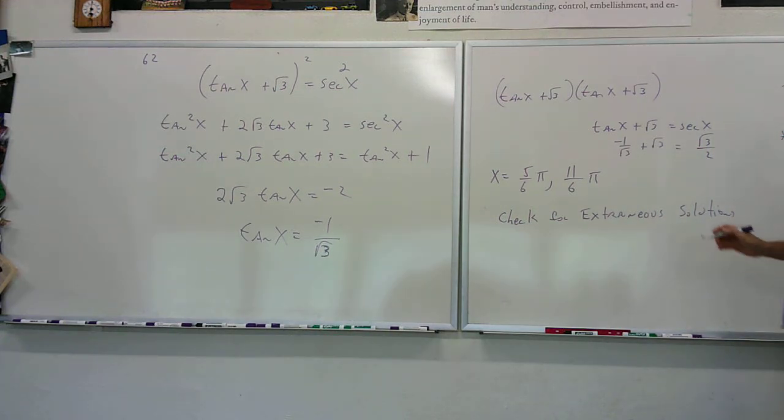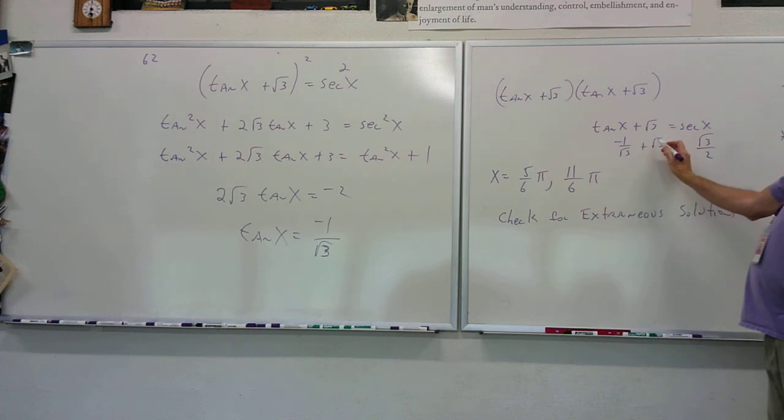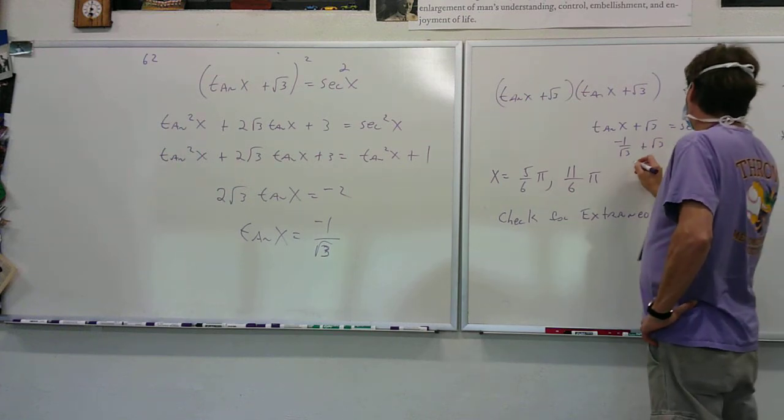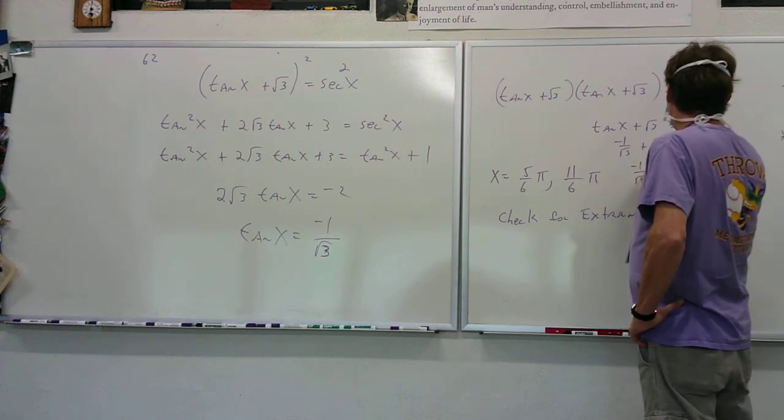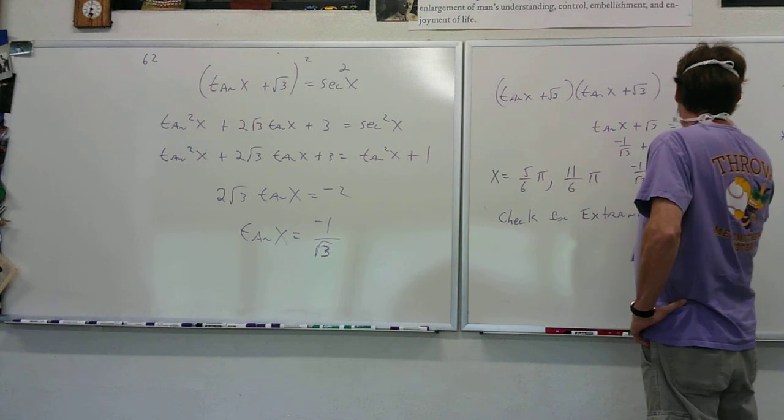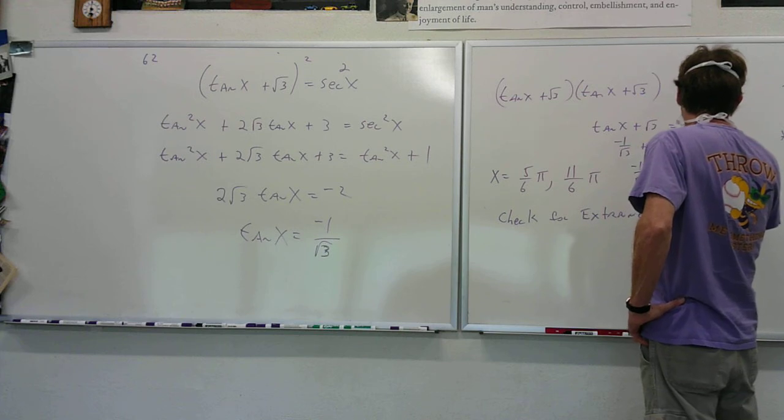Think. Get a common denominator. Man, heavens, your brain is not working. Negative 1 over the square root of 3 plus square root of 3 equals square root of 3 over 2.